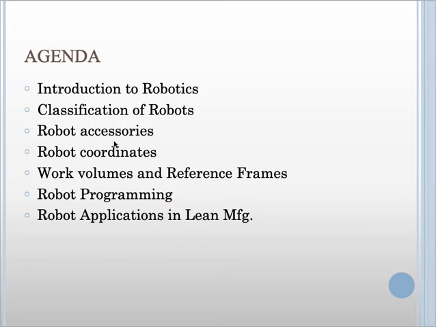An industrial robot is a general purpose programmable machine possessing certain anthropomorphic characteristics. The most typical anthropomorphic or human-like characteristic of a robot is its arm.